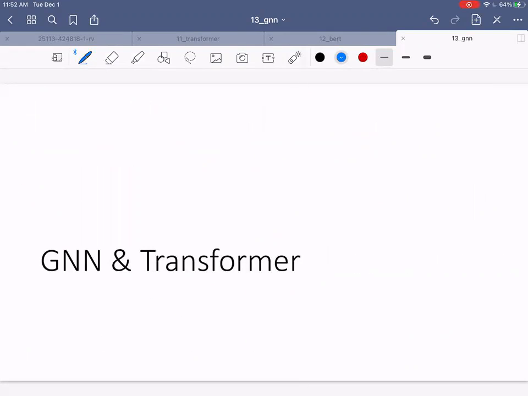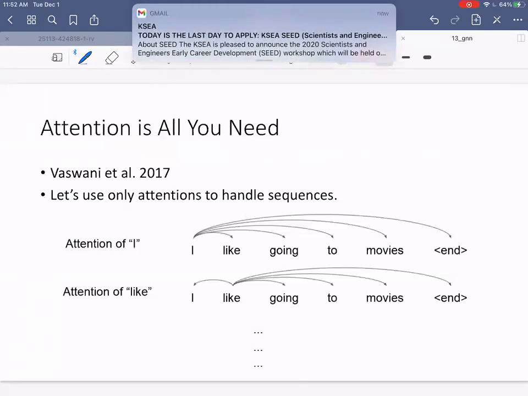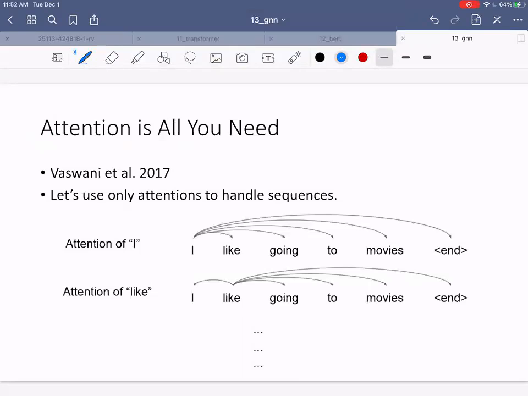All right, we only have 8 minutes, so let's speed it up. I hope everybody now completely knows self-attention. Just a simple recap: if there's a sentence, "I like going to movies," then self-attention is "I" attending to everything else, and every word attending to everything else, and of course attending to itself too.